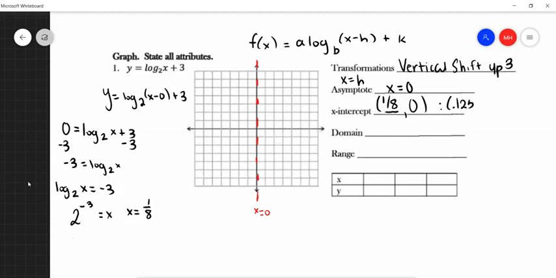In decimal, that is 0.125, comma 0. So in the x's, I am at 0.125, so it's going to be somewhere very up close. So there's the intercept. My domain is going to be based on the asymptote in a little bit, and range isn't going to change. Our range is going to be all real numbers, or negative to positive infinity.